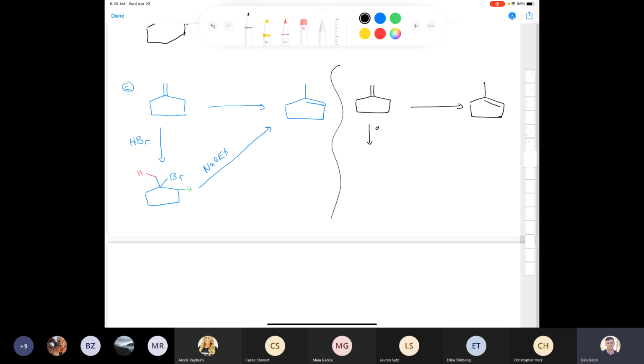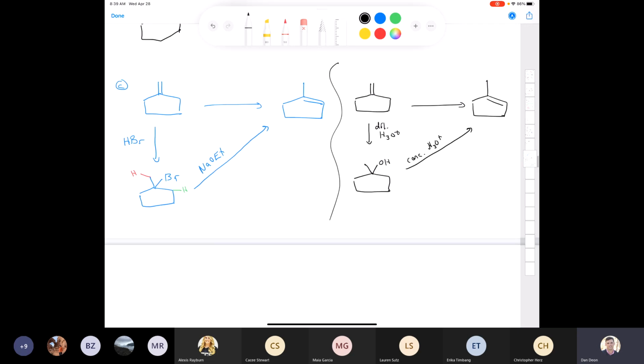If you used dilute H3O+, you're going to get the Markovnikov addition to form the tertiary alcohol. That's, again, just a Markovnikov addition. But then if you take that alcohol and you treat it with concentrated H3O+, in that case, you're going to do the elimination to form the more stable alkene.